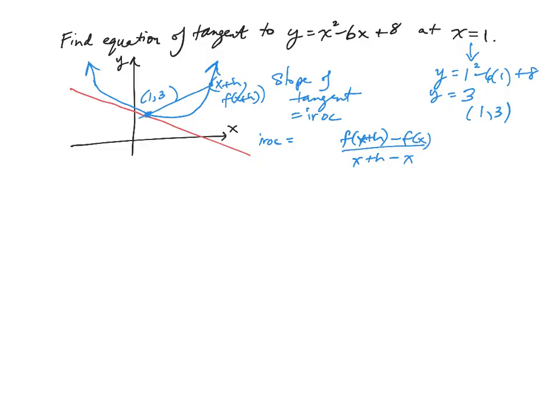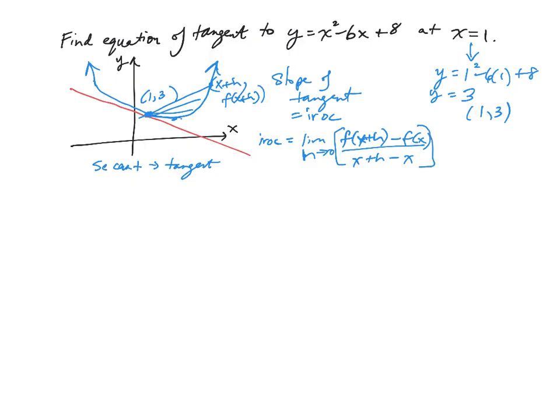But the thing is, and I'm only going to do a very brief explanation here, we're going to take this point and move it closer and closer, and as you can see, the secant gets closer and closer to the tangent. So the equation that we're going to grow to love and realize is so important is this one here.